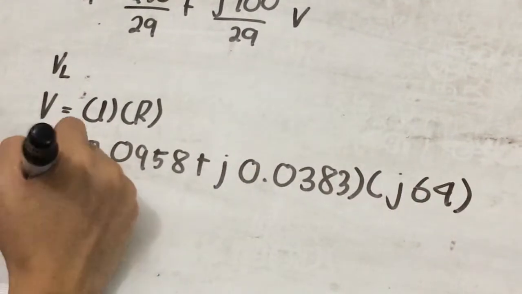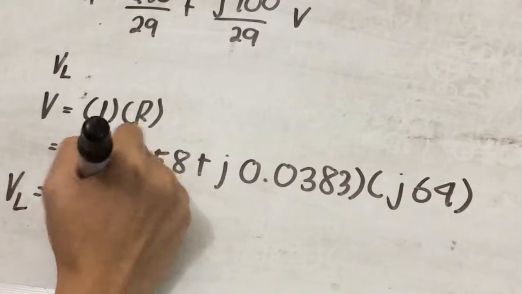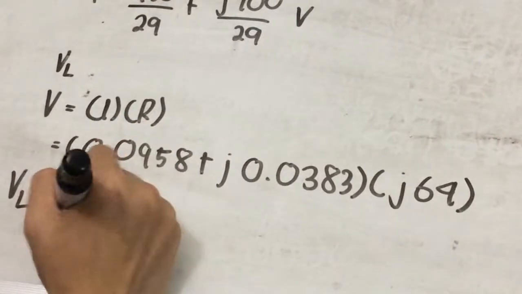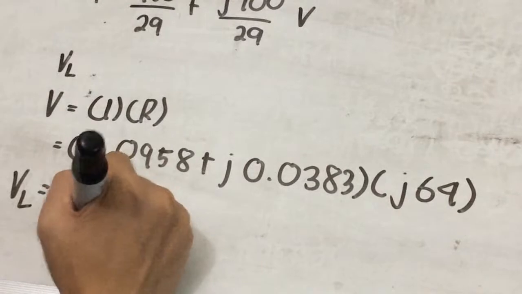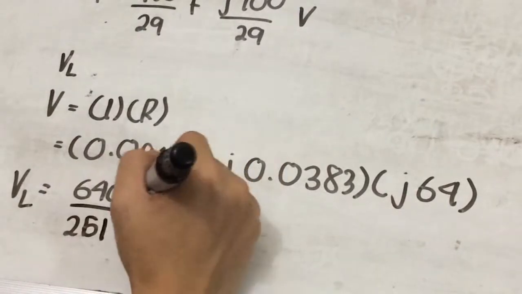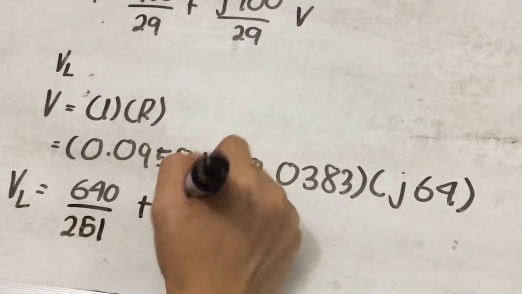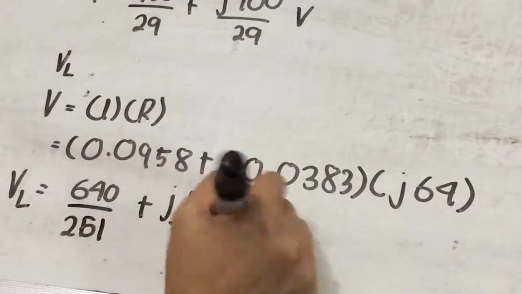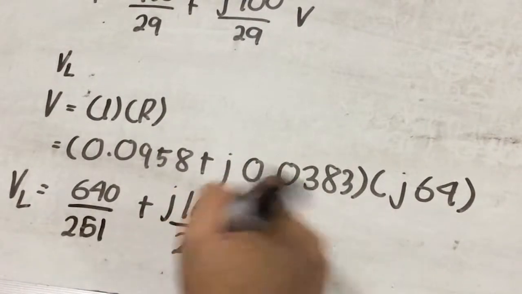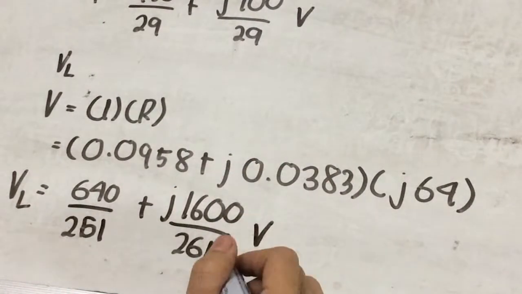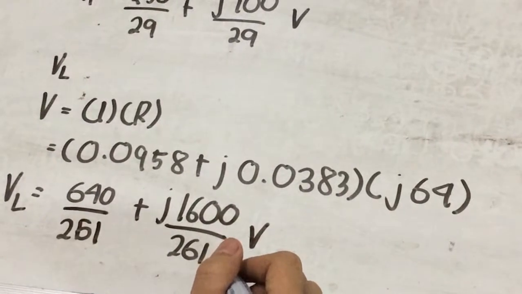Getting the value of VL, we will have 640 plus j over 261 volts. And this will be the voltage drop in the inductor of the circuit.